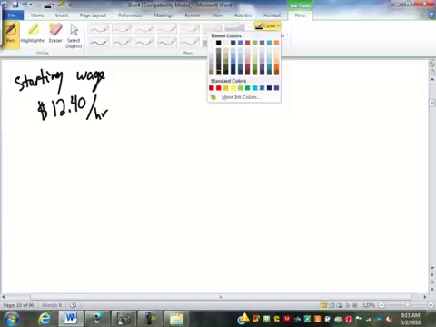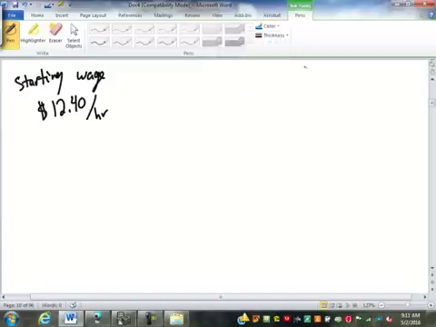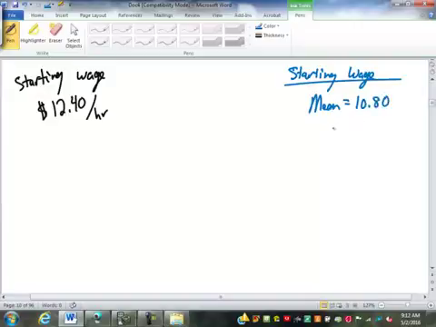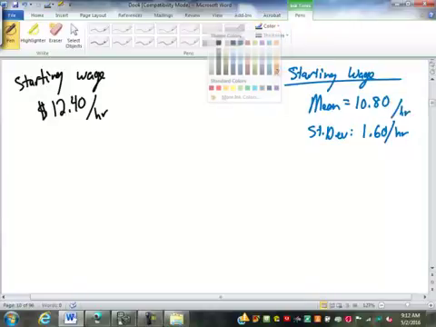And you do some research, and in the area you are in, starting wage has a mean of $10.80 an hour with a standard deviation of $1.60 an hour. So is that a good wage?